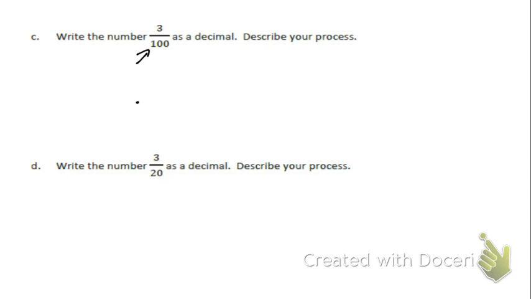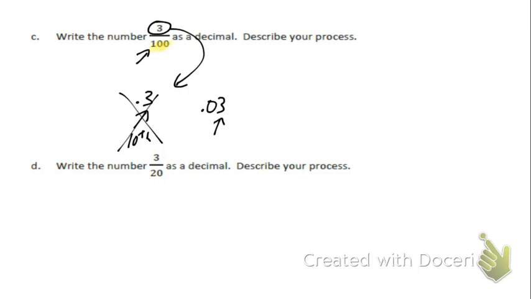So we're going to put whatever number is in the numerator in there, but you can't put 0.3 because 0.3 ends in the tenths place, right? So that doesn't work. So you're going to have to add a 0 there. So then now you got the tenths and you got the hundredths. So it ends in the hundredths place, and that matches with the denominator being 100, so it works out.